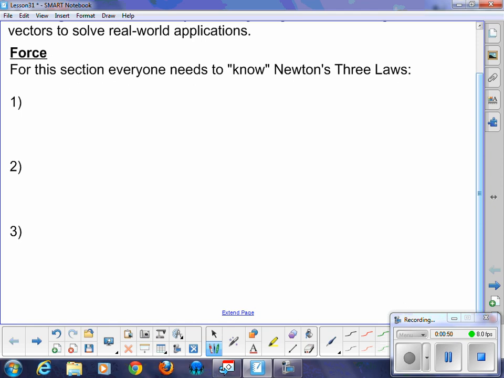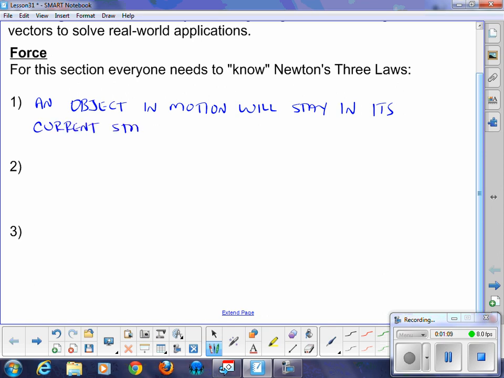So, Newton's first law, keep it simple: an object in motion will stay in its current state of motion until acted upon by an unbalanced force.